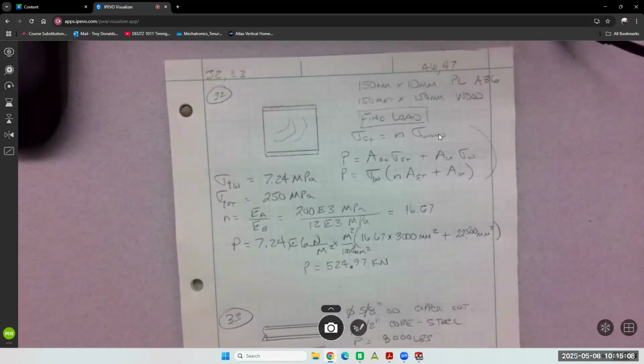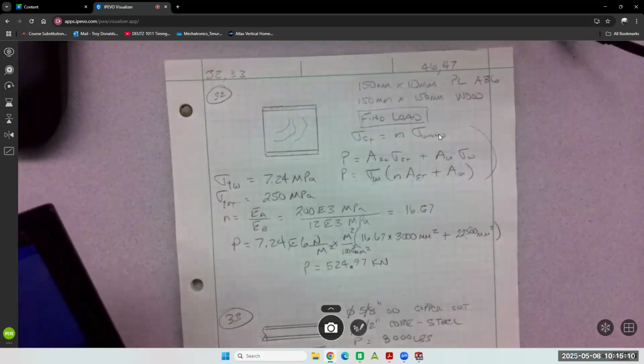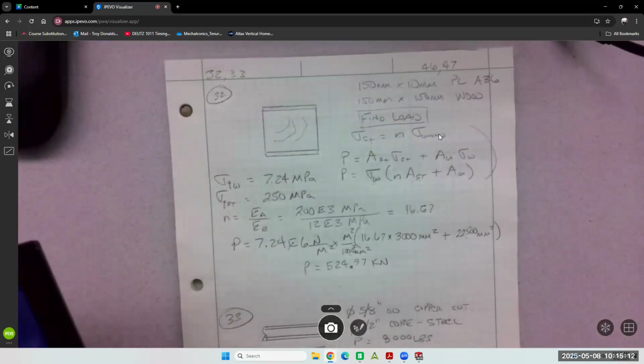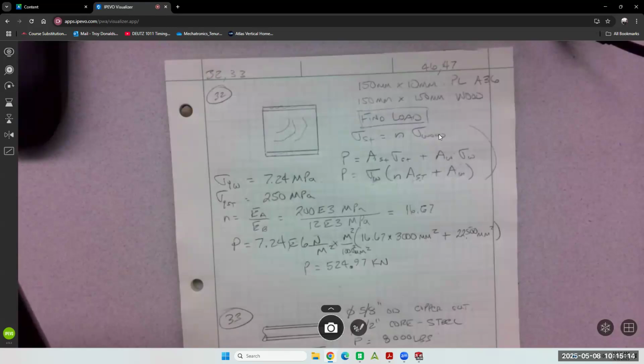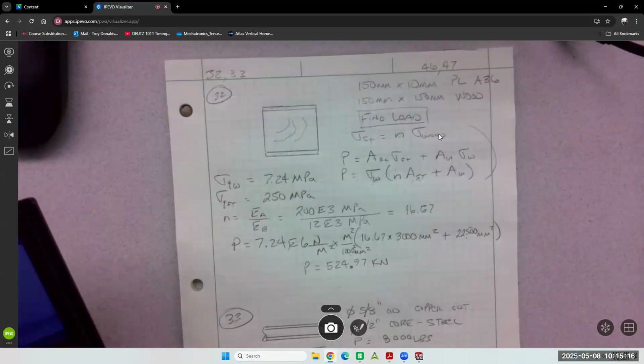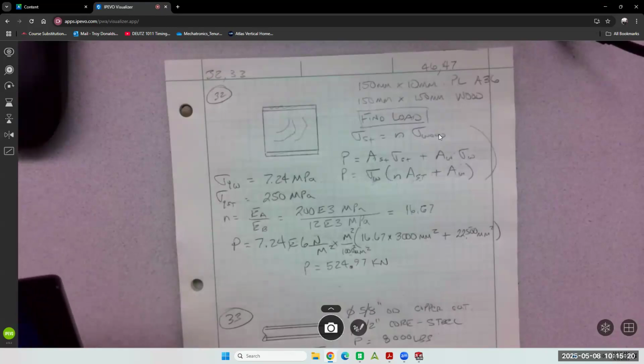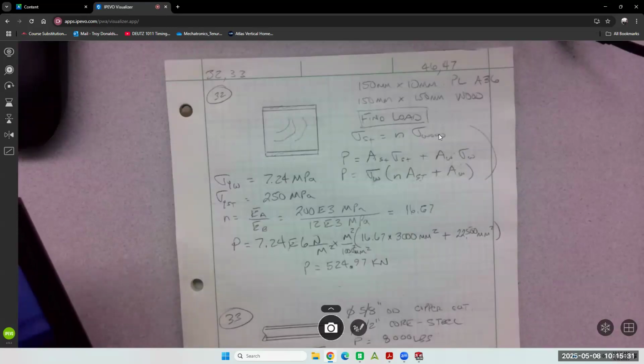So I'll put in meters and do it that way. 16.67 in there. Yeah, it's just gonna change the decimal position is all it's gonna do. I'm gonna do it.